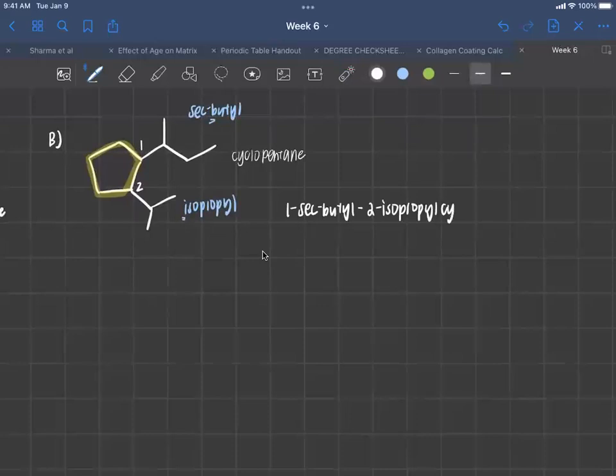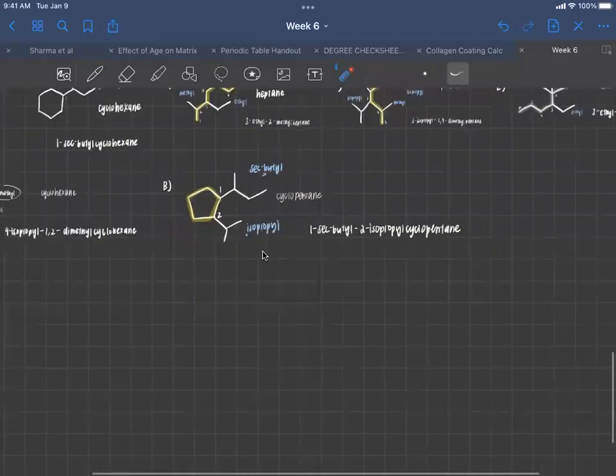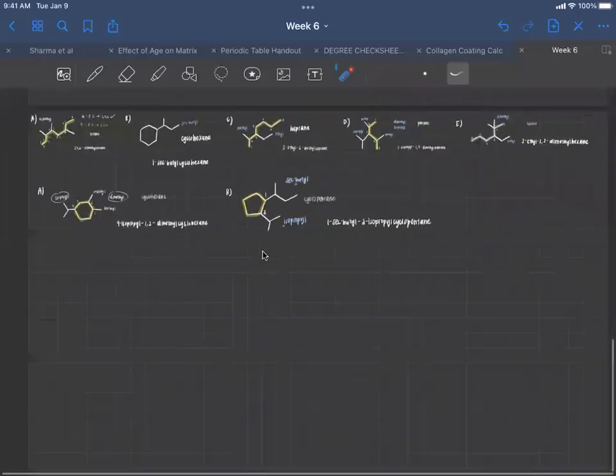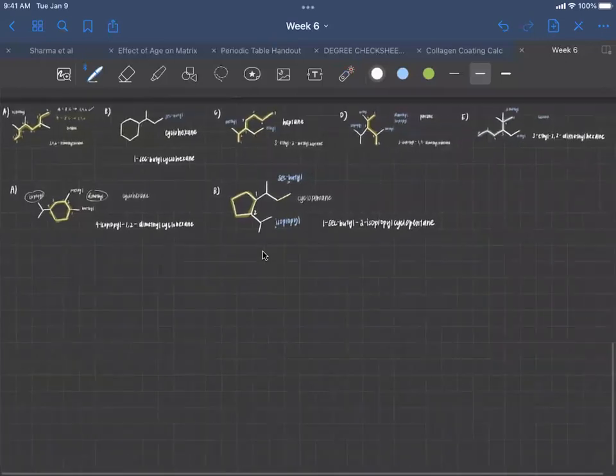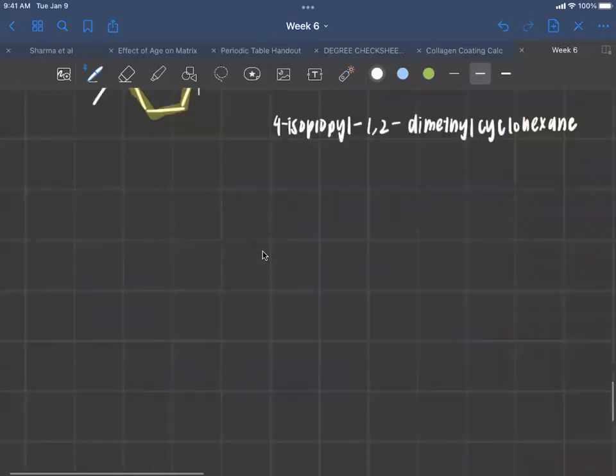So we can go ahead and just include our parent chain. So for example, B then, for our cyclic alkane, we have a 1 sec-butyl, 2 isopropyl cyclopentane. And don't worry, we only have 2 more examples left. These are going to be acyclic alkanes.